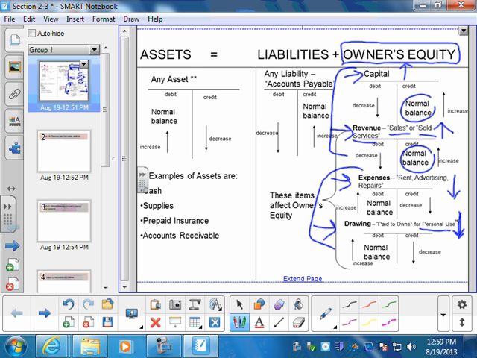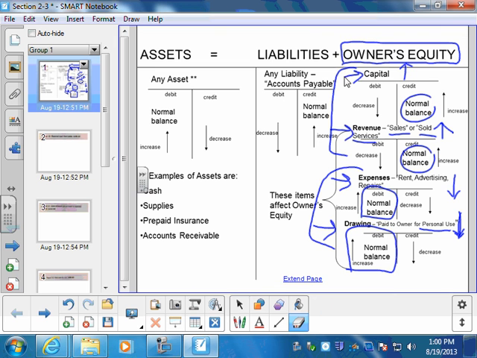So it's going to do exactly the opposite of what capital and revenue do. Its normal balance side is going to be a debit. So I want you to use your chart as we're going through the next transactions and your application problems. But that is why capital and revenue have a normal balance side of a credit, and expenses and drawing have a normal balance side of a debit.